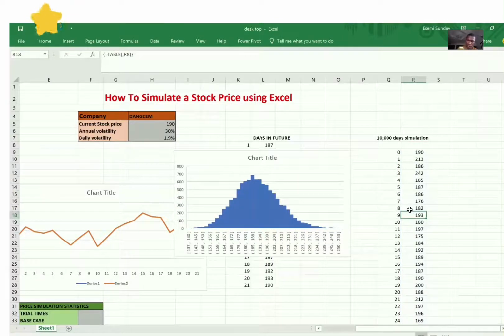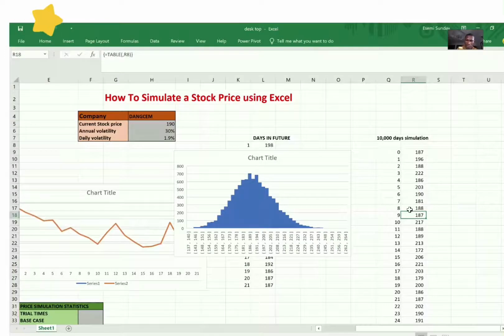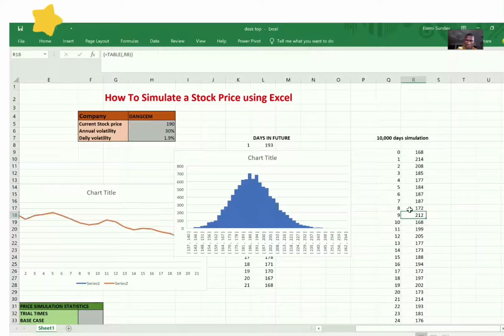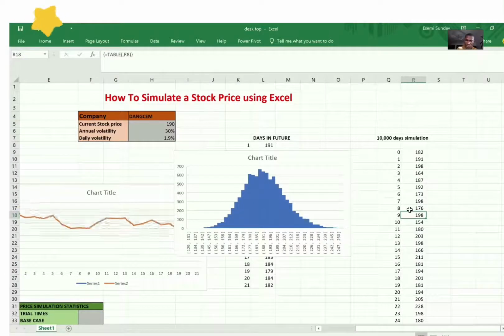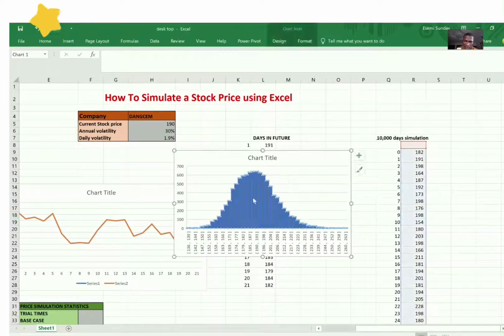But you can simulate better several times to see where the price will really lie. All right, so we still have this between 190 and 193.